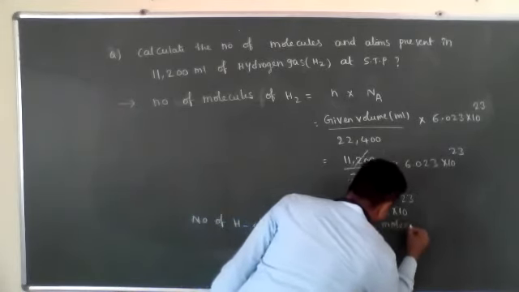Multiplication is important. The formula is important, and after that multiplications, divisions, subtractions, the BODMAS rule.